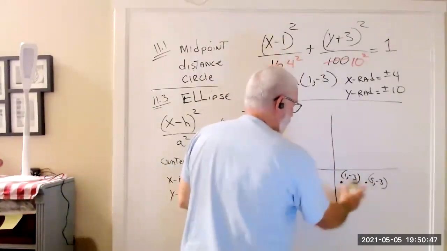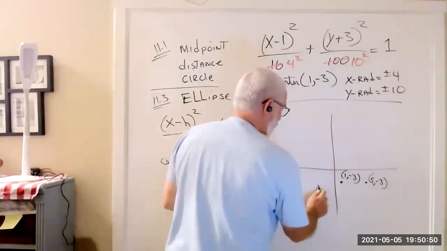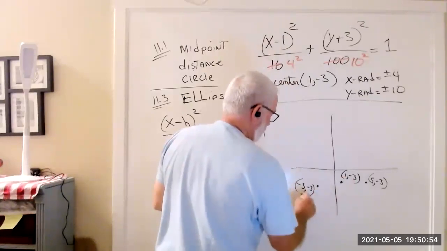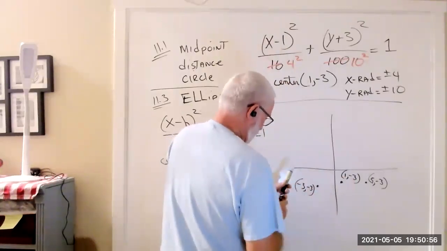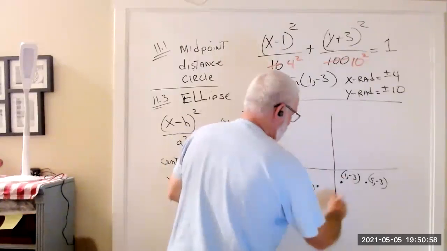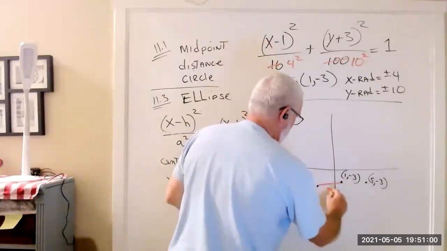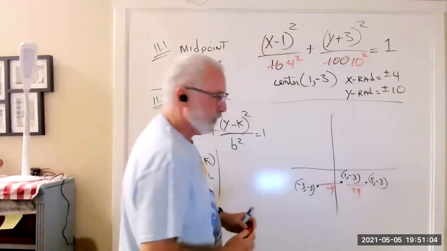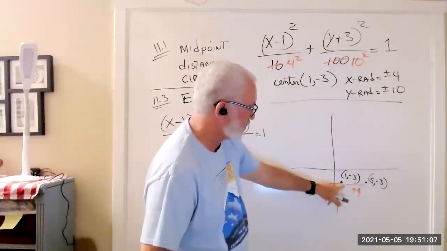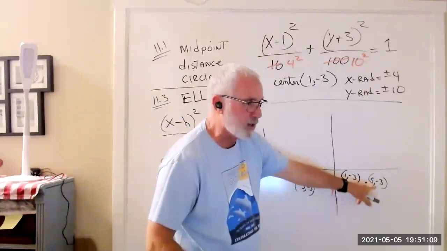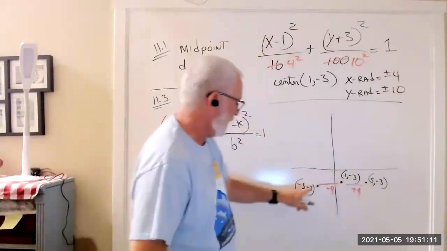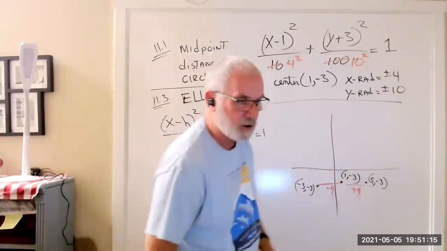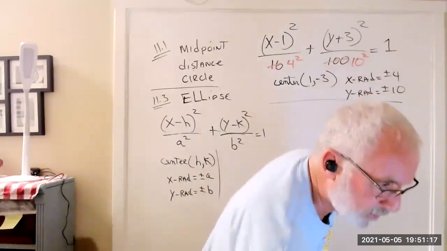And if I come back 4, this would be (-3, -3). So if I use my x values, if I go -4 or +4 from the center, always from the center, I got that point, (5, -3), and I got that point, (-3, -3). Yes or no?